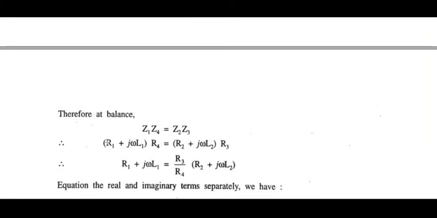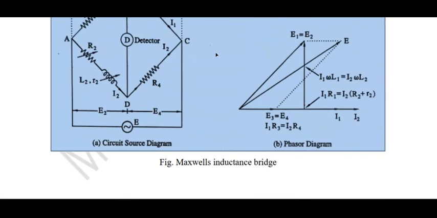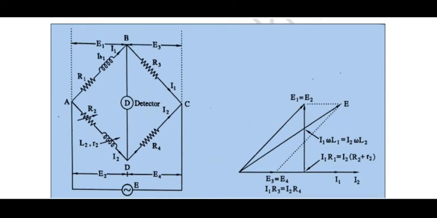In place of Z1 we can place R1 plus j omega L1 into Z4, which is equal to R4, and in place of Z2 the value will be R2 plus j omega L2 into R3. These four impedance values, Z1, Z4 and Z2, Z3, you can easily see from over here.